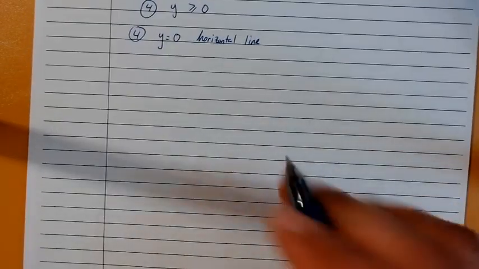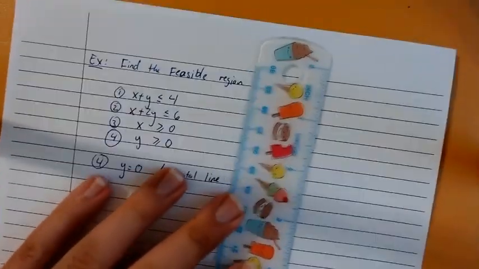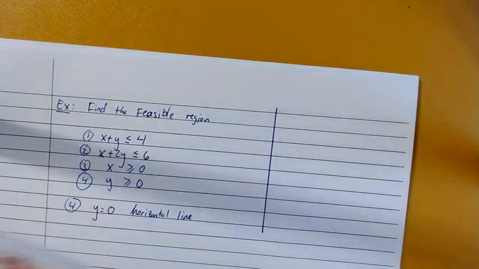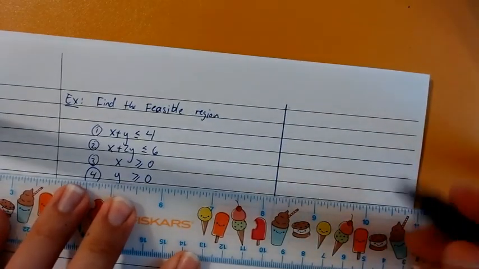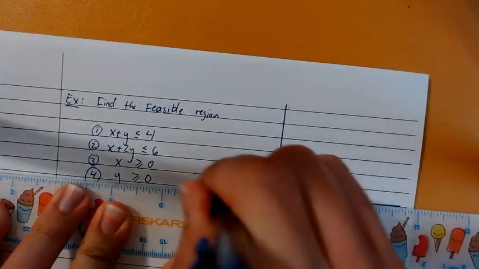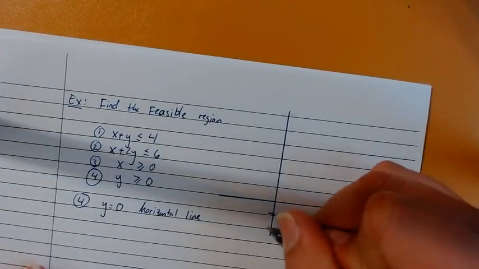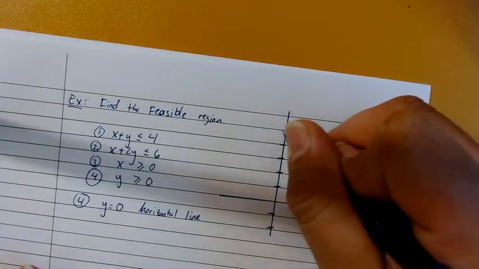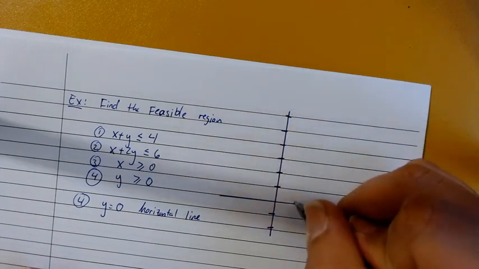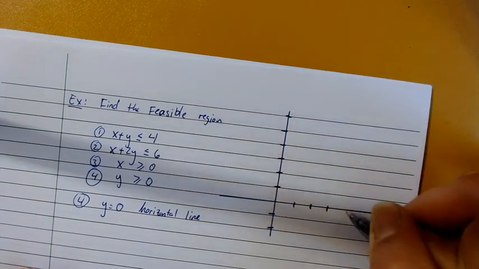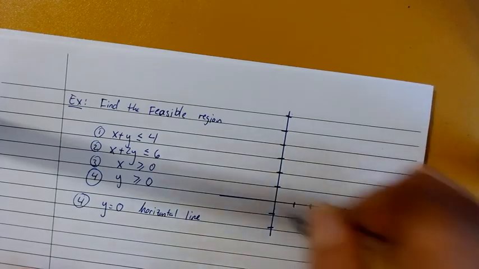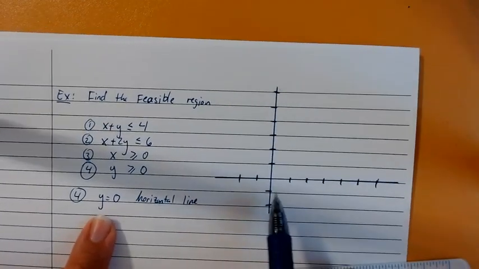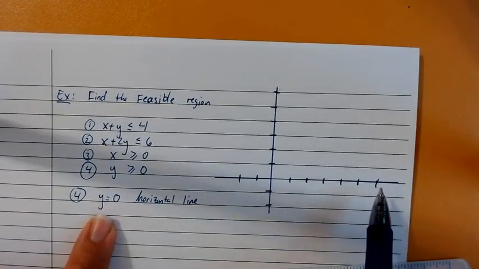Okay, so let's go ahead and do that. All right, it's a horizontal line where y is equal to 0. Well, that's just the x-axis.